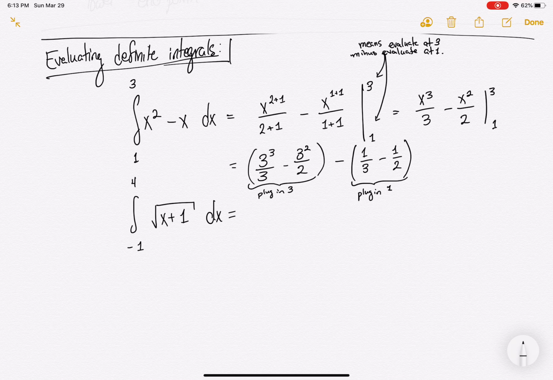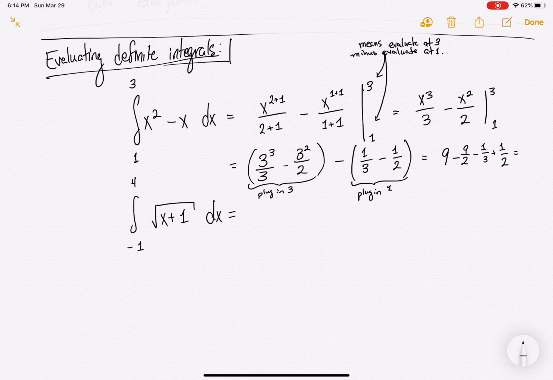Plug in 1. So what does this look like? Well, that's 27 thirds. That's 9 minus 9 halves minus 1/3 plus 1/2. And so -9 halves plus 1/2 is really -8 halves. That's -4. This is 5 minus 1/3.